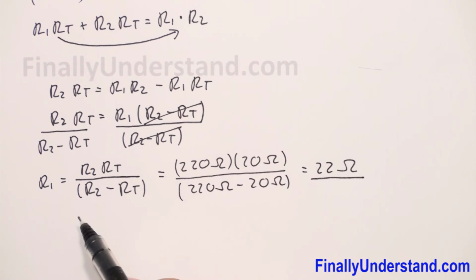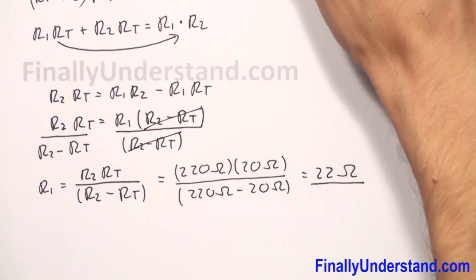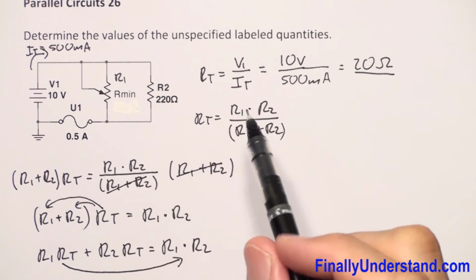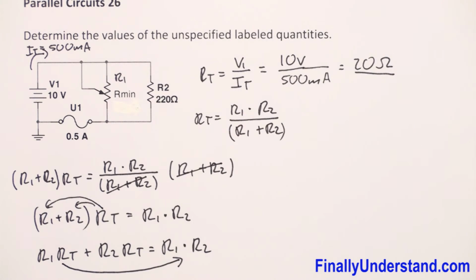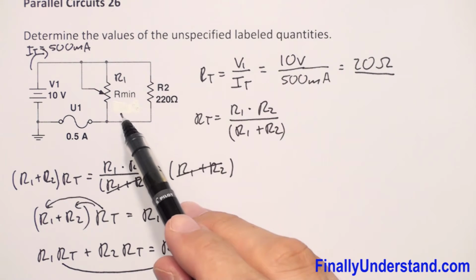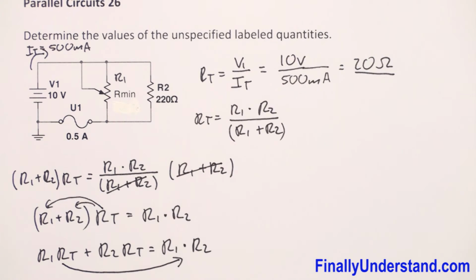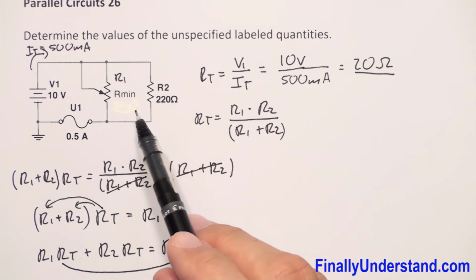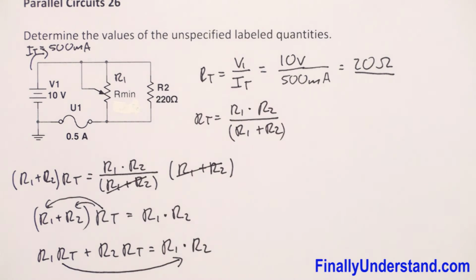So we found the value of the resistance R1. Now we're supposed to verify if this value is correct. So what I'm going to do right now is find each current in this circuit. I'm going to find IR1, I'm going to find IR2, and I'm going to find I total.